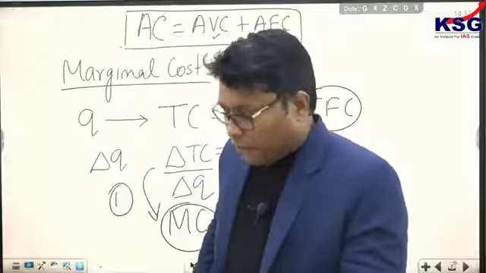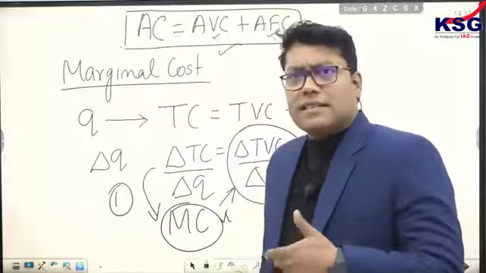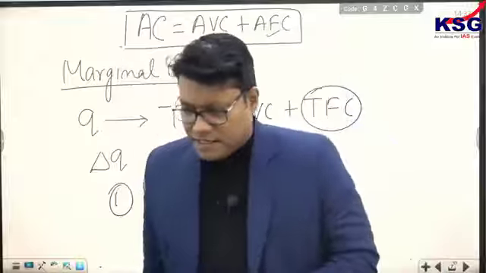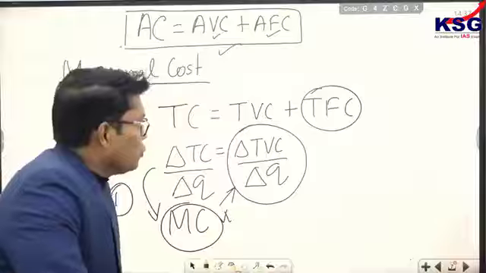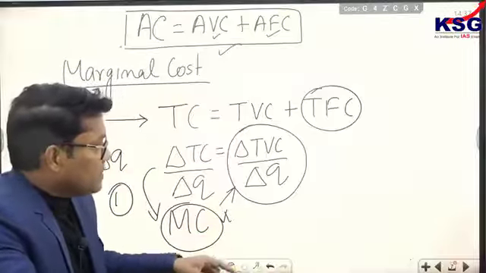Clear to all? Now, then why is the external benchmark based lending rate system there? So please try to get these things.